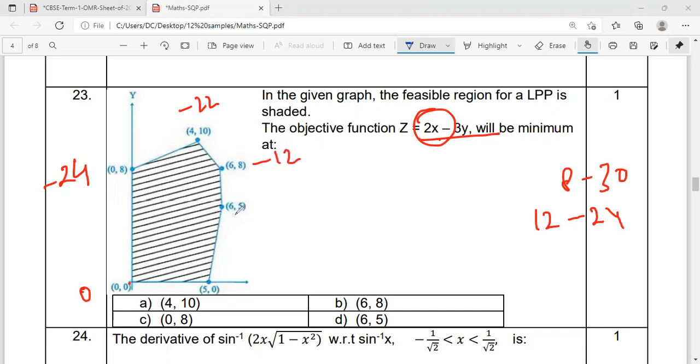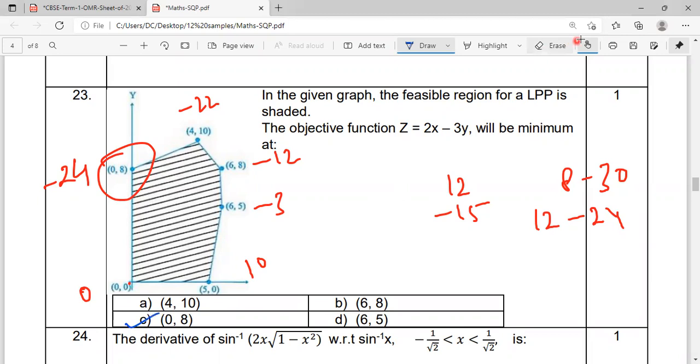At 6, 5 it is 12 minus 15, which is minus 3. And finally at 5, 0 it is 10. Now we observe that it is minimum at the point 0, 8. So there is a calculation here, but you can answer it quickly as option C, 0, 8.